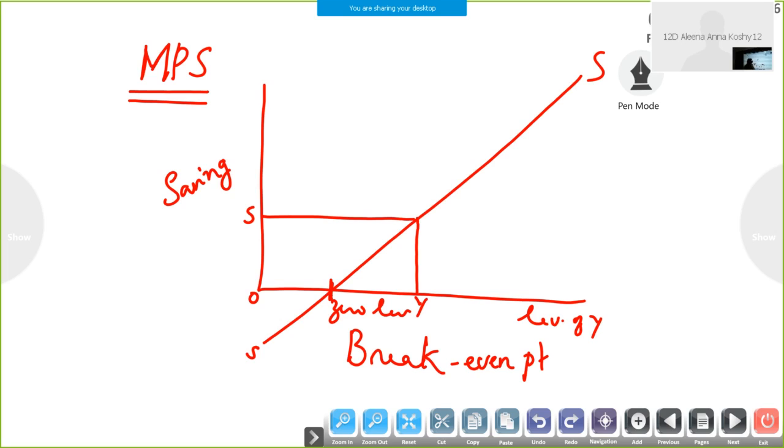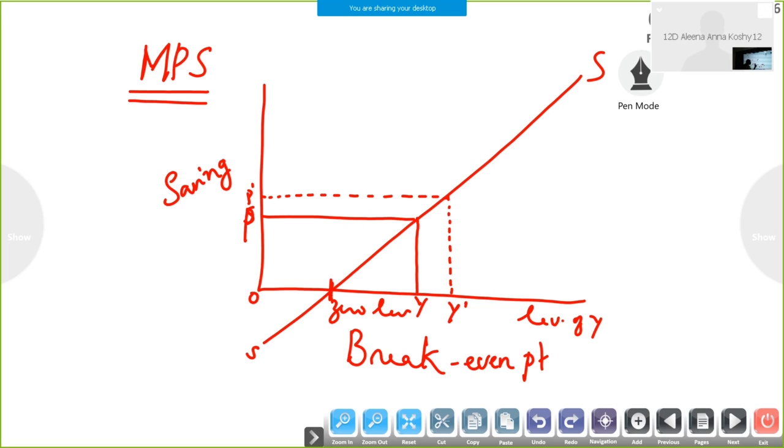When income increases from OY to OY dash, saving also increases from S to, I am using OP because one label already came now. So for saving, OP is the initial level of saving and the new level of saving is P dash.